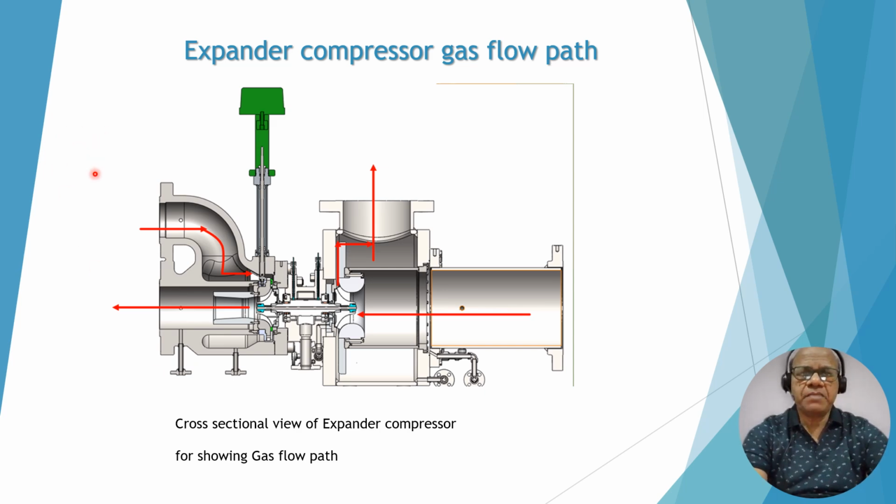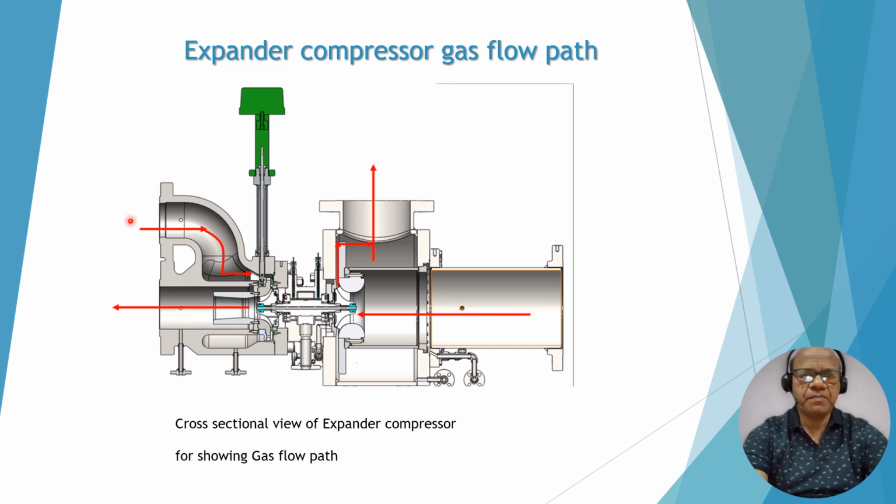Turboexpander compressor gas flow path. You can see the sectional view. High pressure gas comes here, there is expansion in the IGV, typically 50%, with a pressure drop and temperature drop. Then there is further expansion in the expander wheel, with another pressure drop and temperature drop.